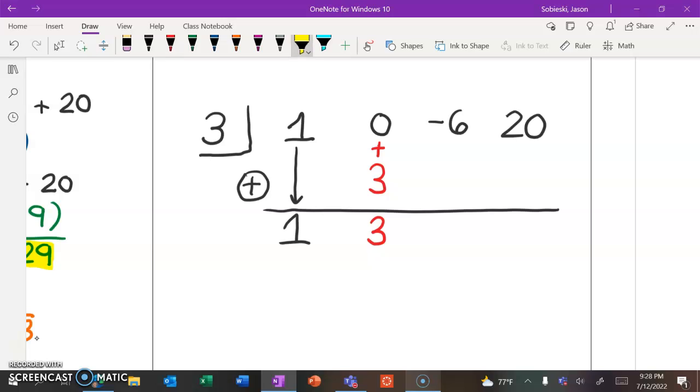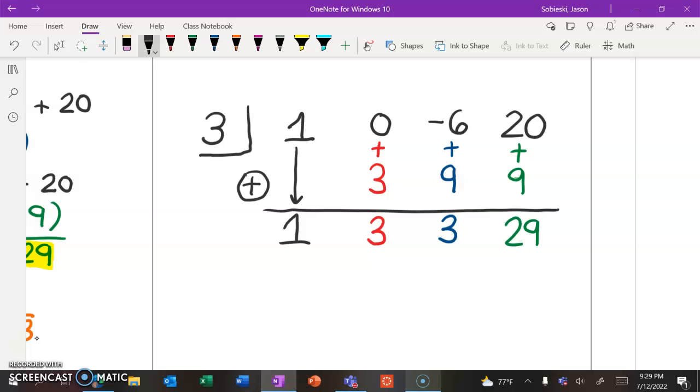Next one, we do 3 times our answer of 3, which gives us 9. That goes here, and again, we're adding. -6 plus 9 gives us a positive 3. And then our final multiplication, 3 times 3, again gives us 9. We'll put that here. Adding 20 plus 9 gives us 29.